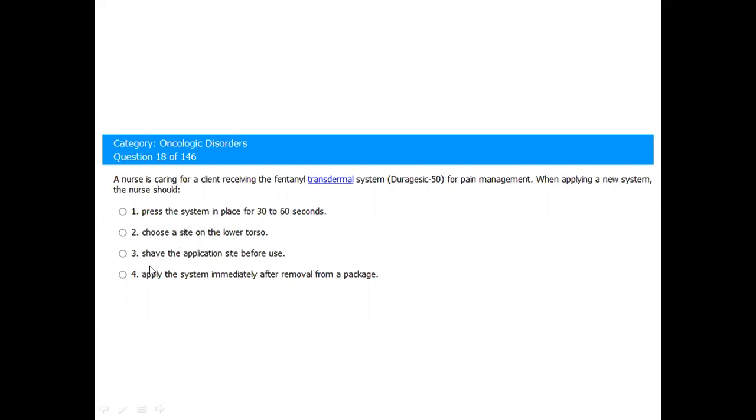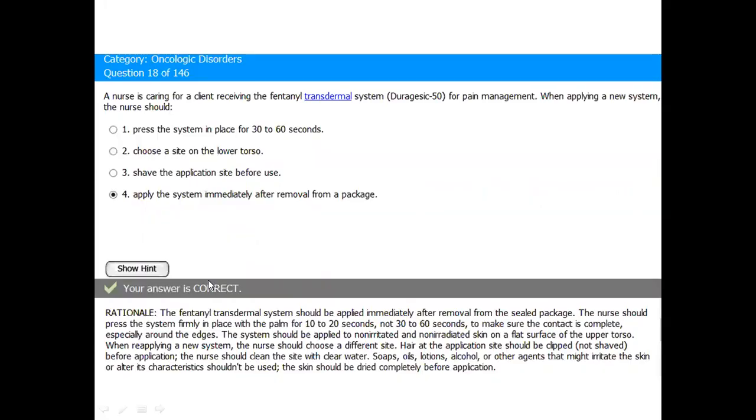We basically trim or clip, not shave. Number 4, apply the system immediately after removing it from the package. So number 3 is not the answer because it should be trimmed or clipped. The torso is not a good site, and 30 to 60 seconds is too long. It is less than 30 seconds. Number 4, immediately, should be the answer.